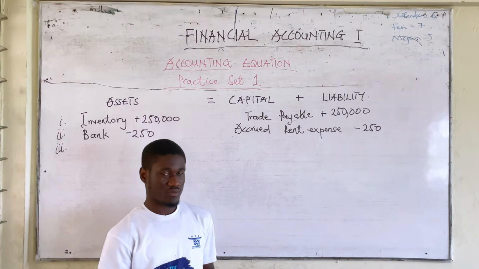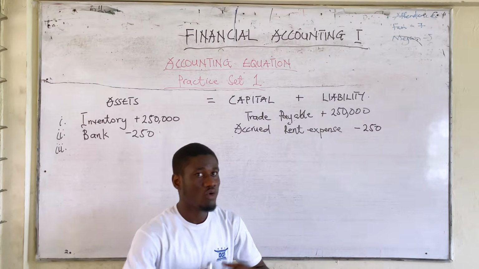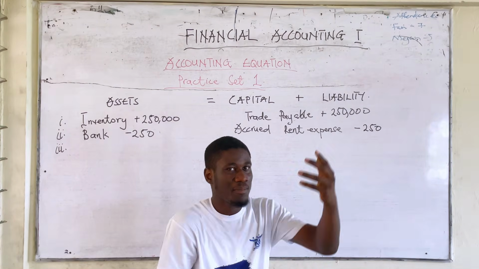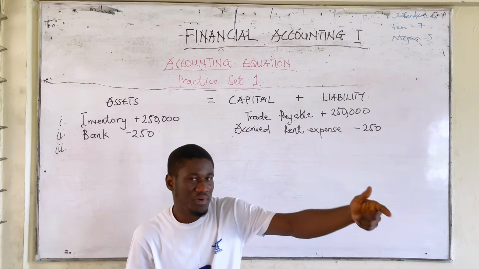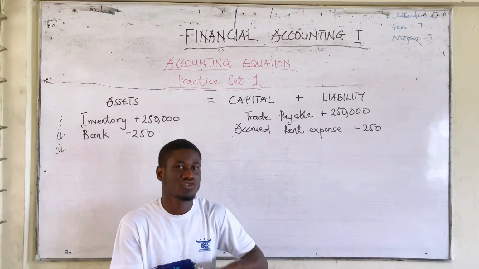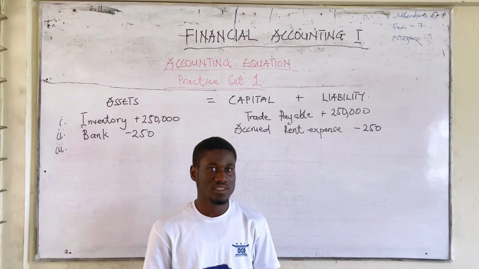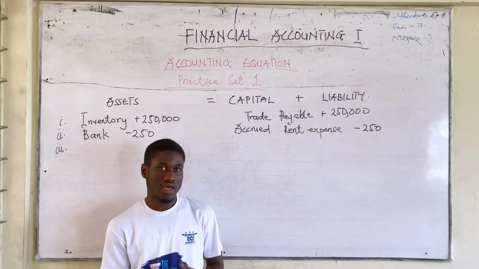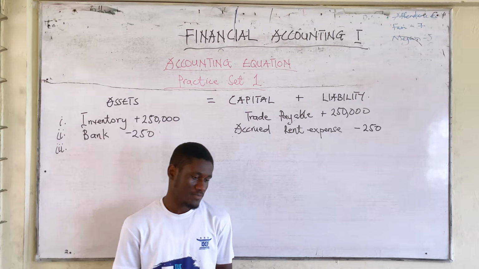When we purchase from someone on credit, we are now owing the person. Now we are selling to someone on credit, so that person is now owing us. And if that person is now owing us, that's what we term as trade receivables. So our trade receivables are people that owe the business. Good.